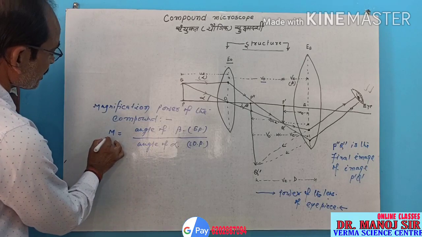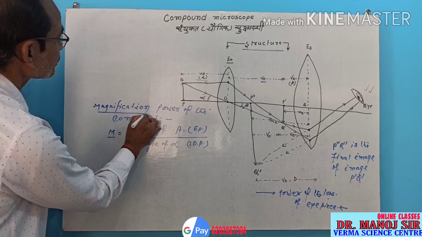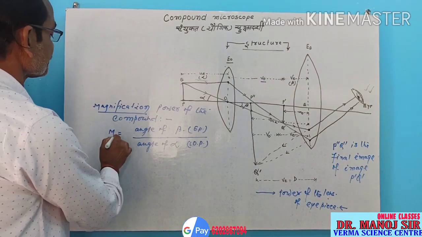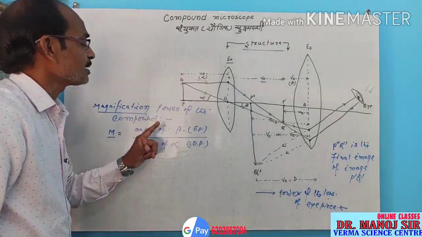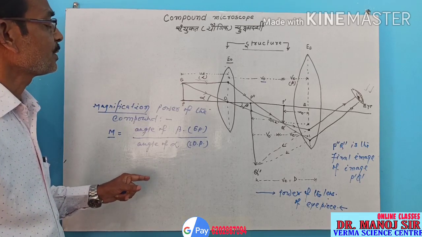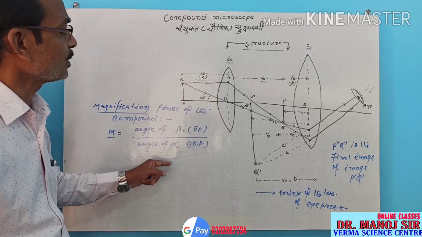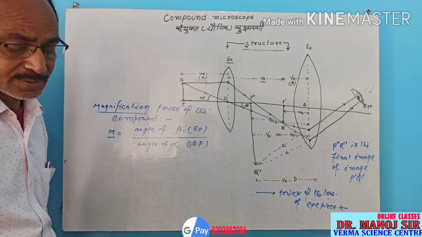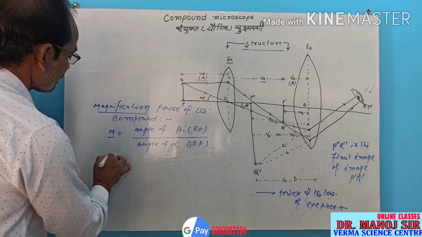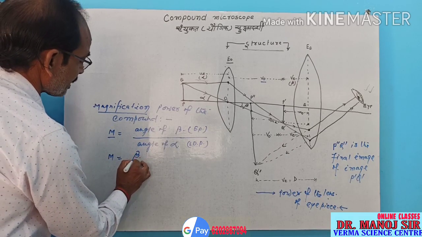Capital M indicates the magnification of a lens, which is the ratio of the angle of the image and the angle of the object. That can be written M equal to beta upon alpha.